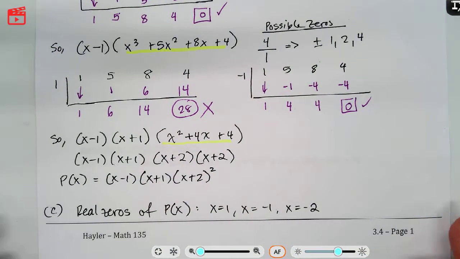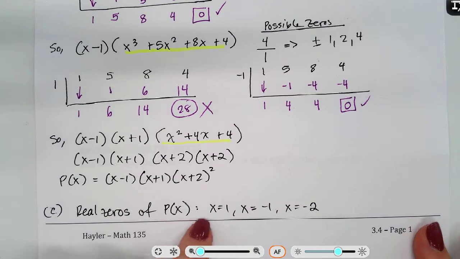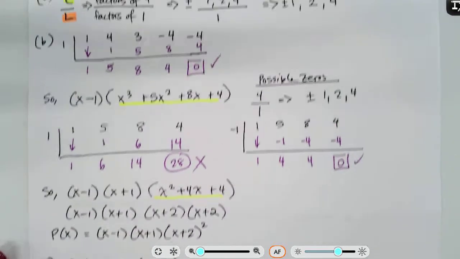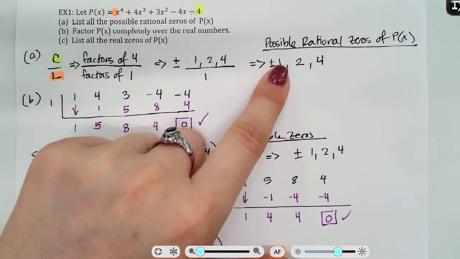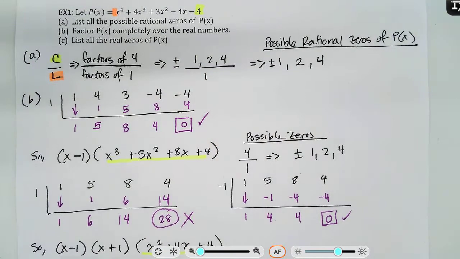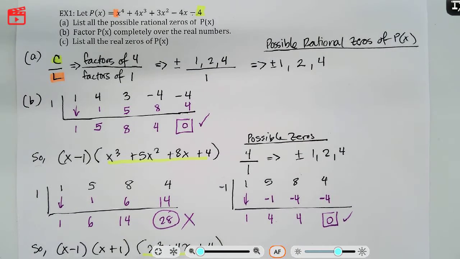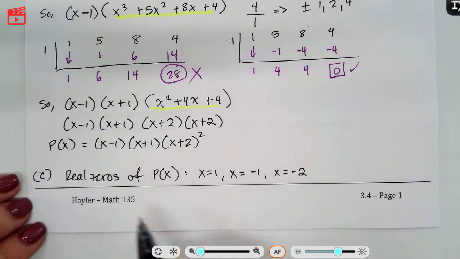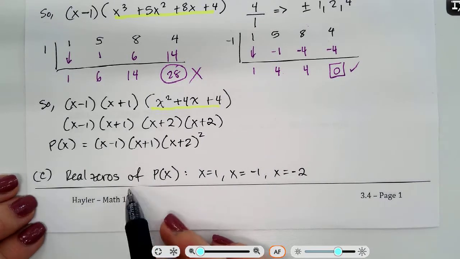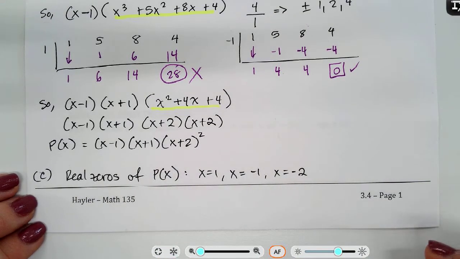Notice we only had 3 real zeros, but we had 6 possible zeros. Not all of the possible rational zeros actually are zeros for your polynomial. They're just the possible ones. In the end, we want to figure out which ones really are the zeros for my polynomial.